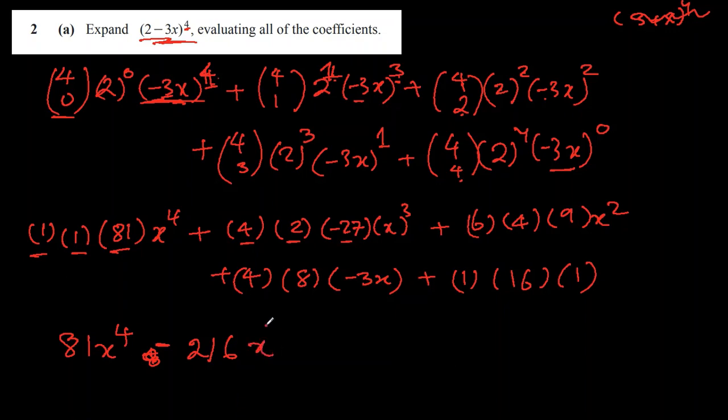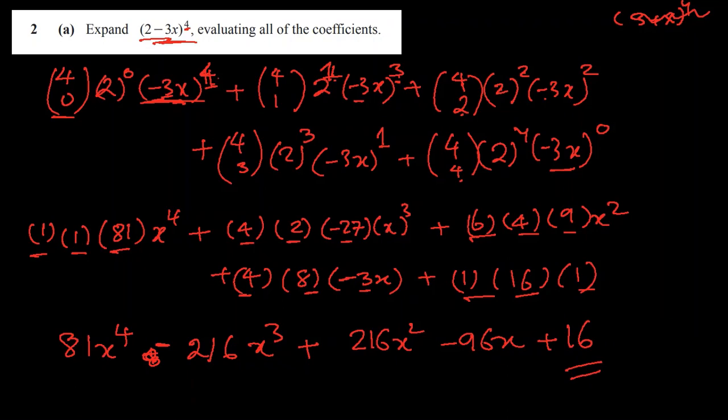X cubed plus 24 times 9, again 216, x squared, 32 times 3, 96, but negative 96x because of this negative. And 1 times 16 times 1 is 16. Voila, we got all of them.